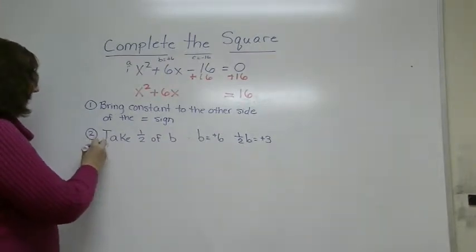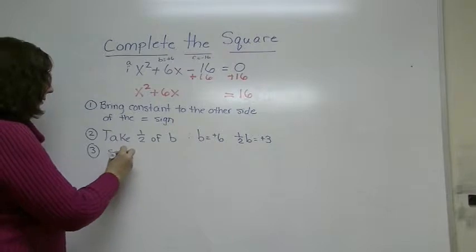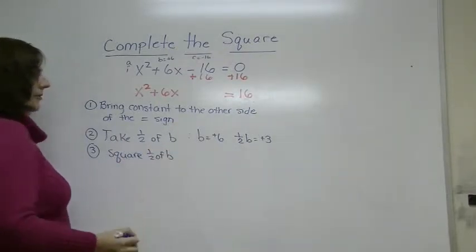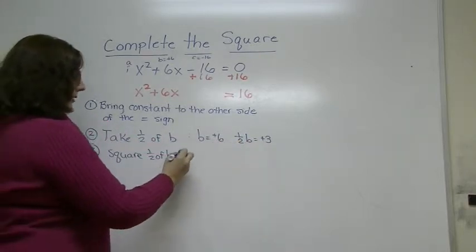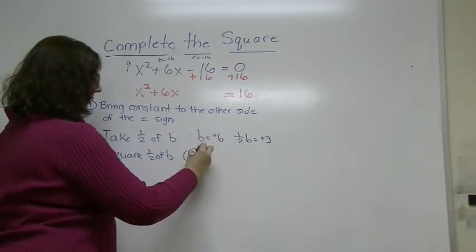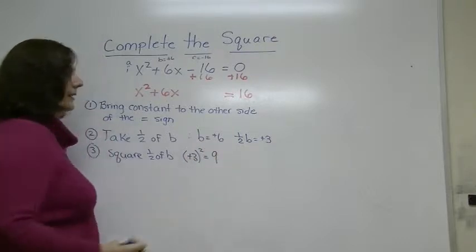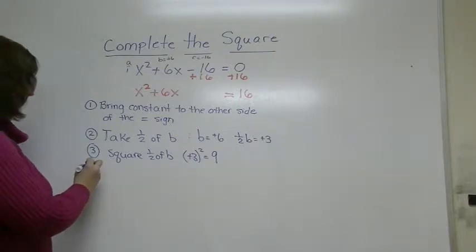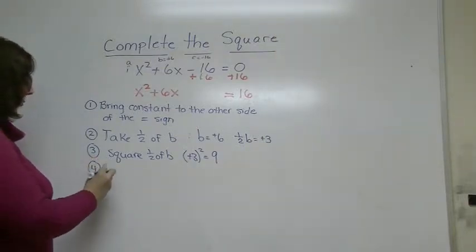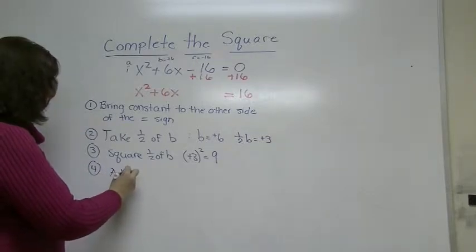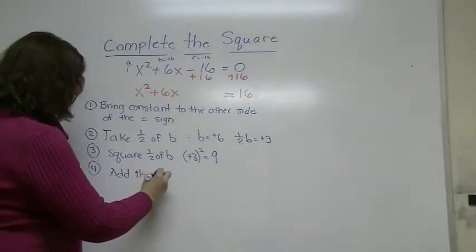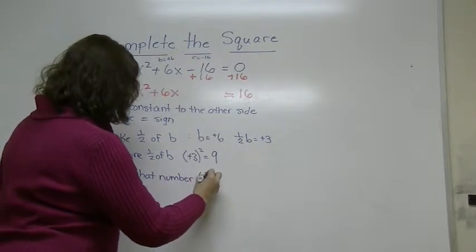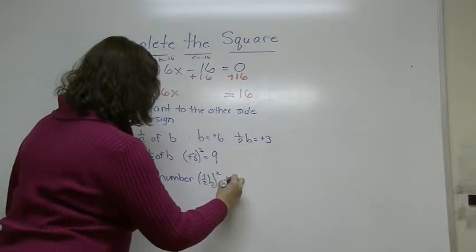Step 3 is to square half of b. So the half of b was a positive 3, so if I square 3, I get 9. 3 squared, 3 times 3 is 9. Step 4 is add that number, which is the half of b squared, to both sides.